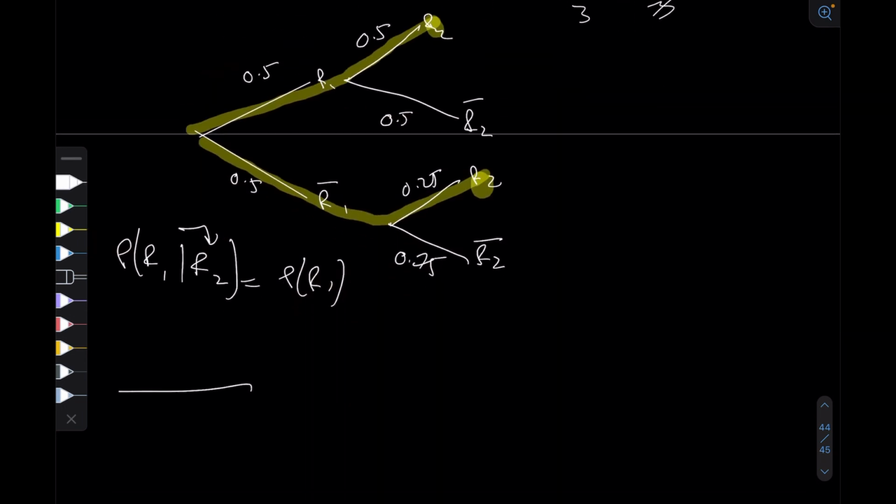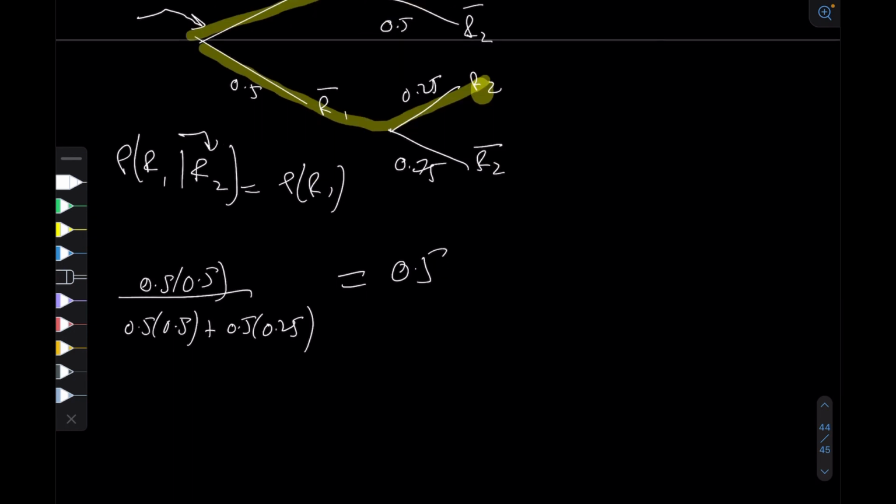So the probability of R2 is 0.5 times 0.5 plus 0.5 times 0.25, and the favorable path that we are talking about is this one, which is 0.5 times 0.5, right? And we're asking the question, is this equal to 0.5? Now this turns out to be 2 over 3, and we know this is not equal to 0.5, right?